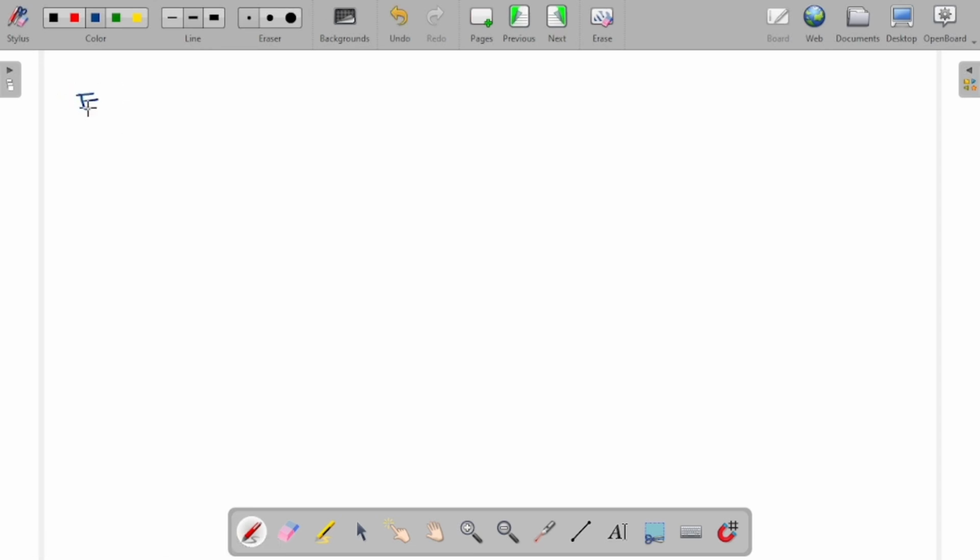The formula says it's 1 over 4 pi epsilon naught times q over r squared, r hat. You see, in vector form, this is how you write it. Okay, and then we substitute.